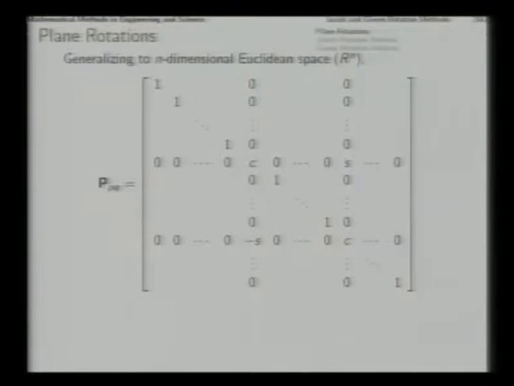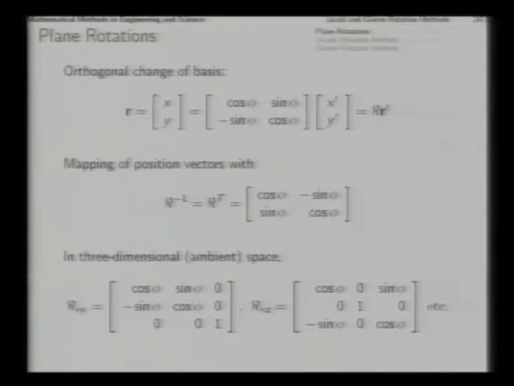Now, when we apply this rotation on vectors, we get relationships like this, that is, new coordinates to old coordinates by this transformation r equals big R r prime, and the opposite, that is, r prime equals R transpose small r. Okay.